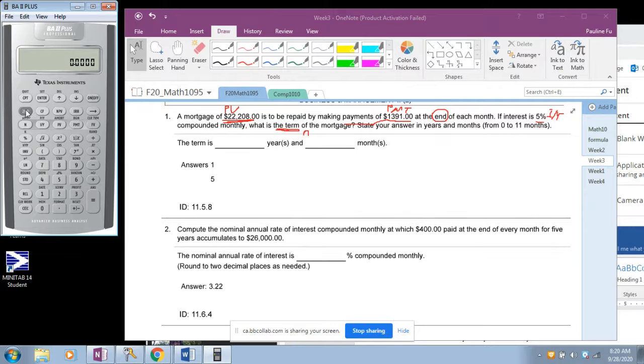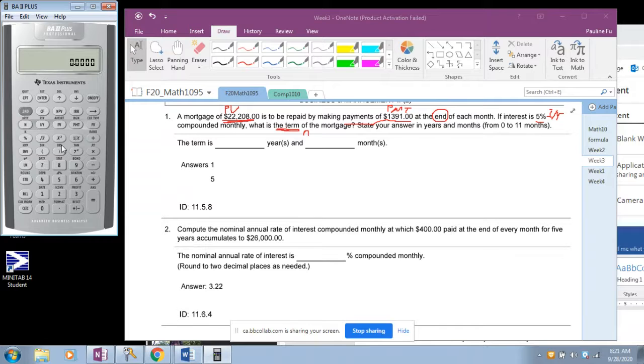And then set P/Y, second P/Y. P/Y is 12. Okay, type in 12. Enter. And then down arrow key. C/Y is 12. Enter. Second quit. So you just did some preparation work.